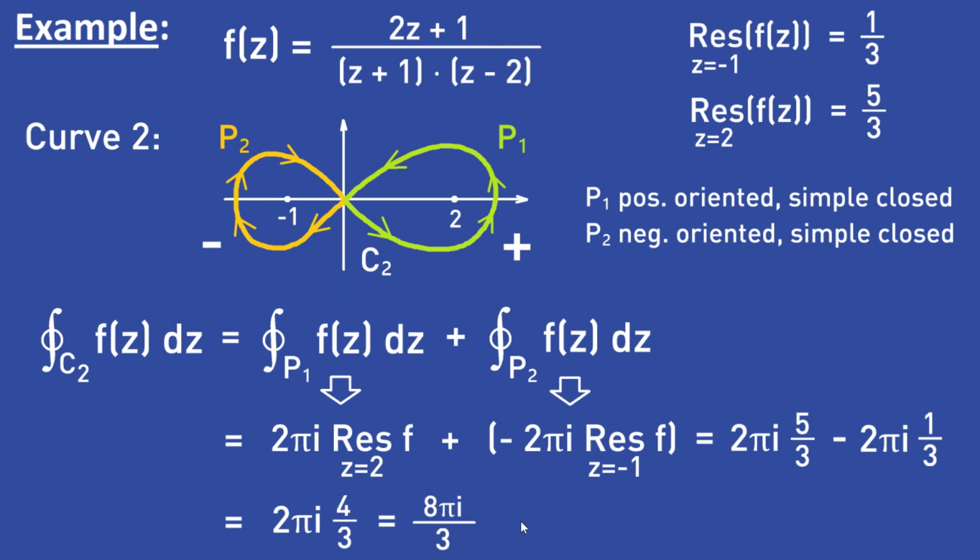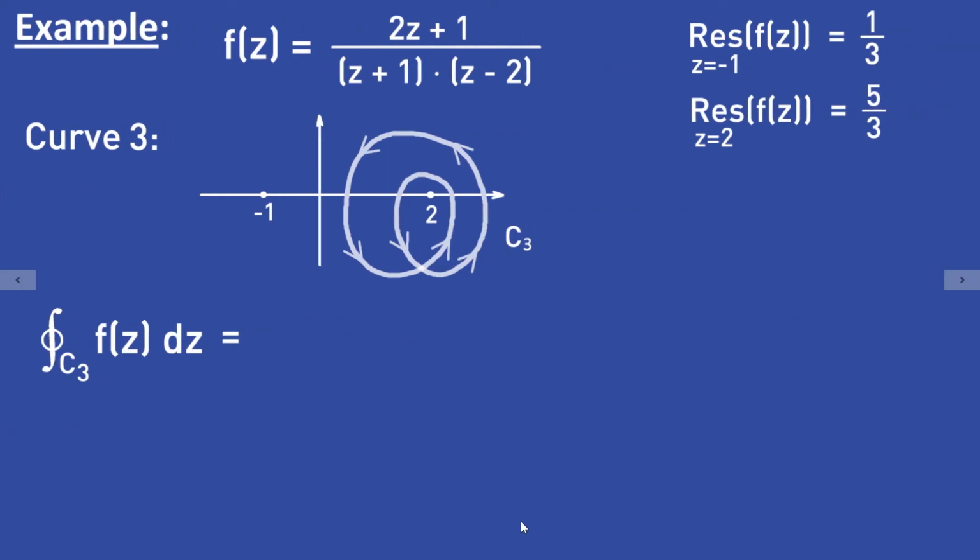Let's consider one last curve, C3 now. The curve C3 looks like that. We want to evaluate the curve integral of f along the curve C3. The curve C3 is positively oriented, but it is not simple closed.